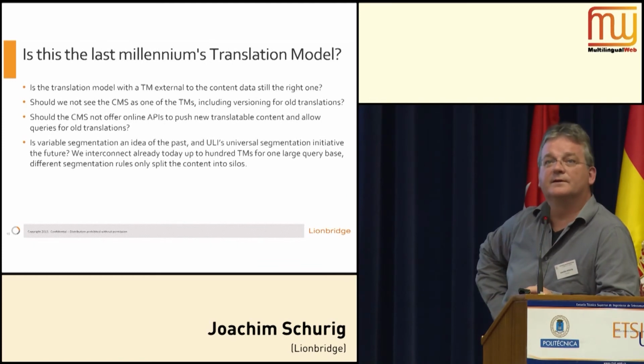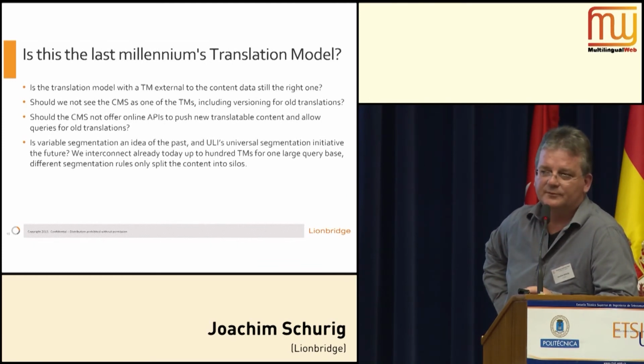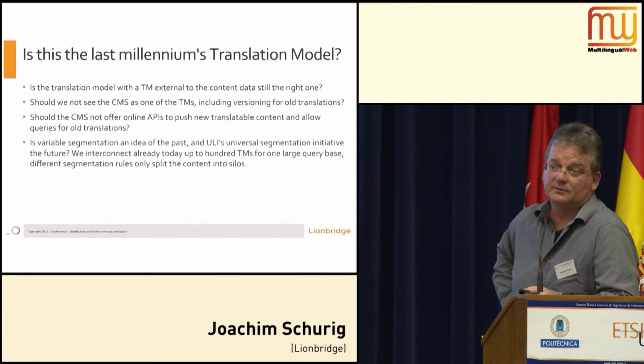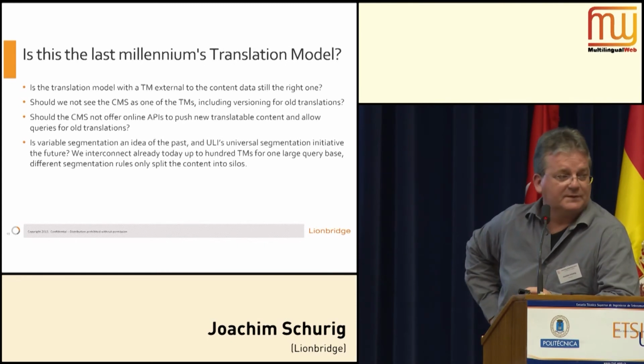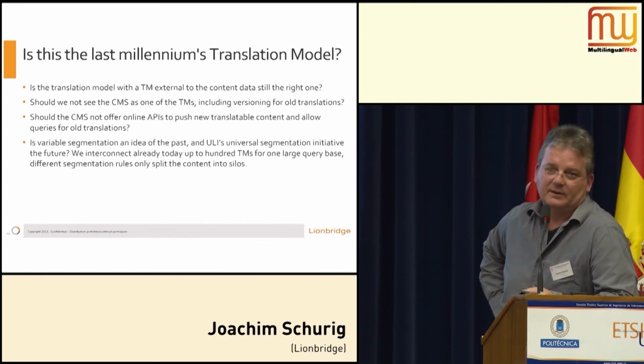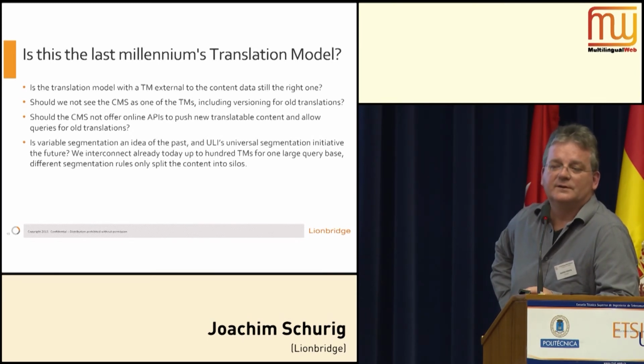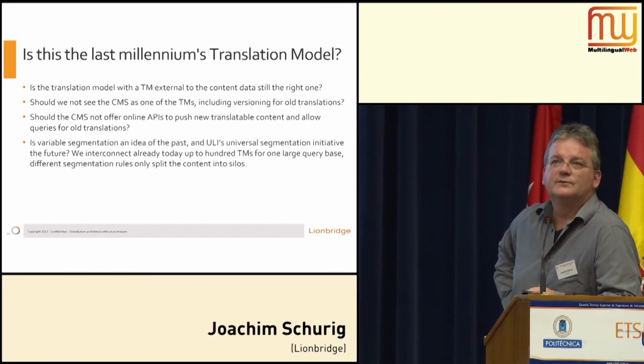But is the whole model which we are using not really only the last millennium's translation model? A TM, translation memory, external to the content data. Is this the right way? It came from days when we exchanged Word documents or even printed documents. And then we used the TM because we had databases where we could stuff data into. Shouldn't it these days be the CMS which should contain lookup data, which we could reuse?